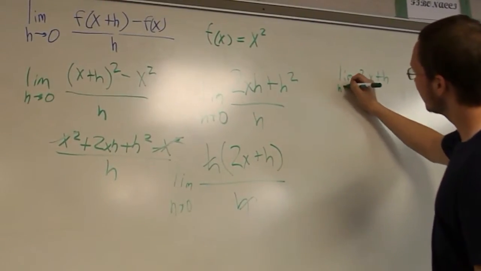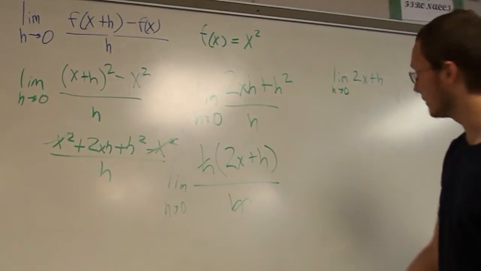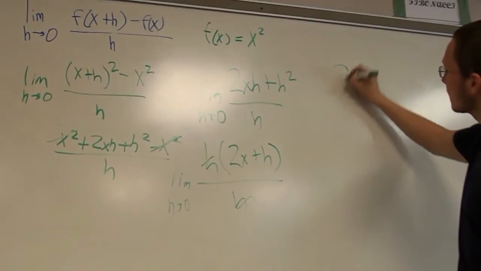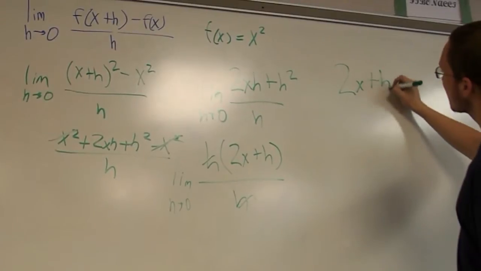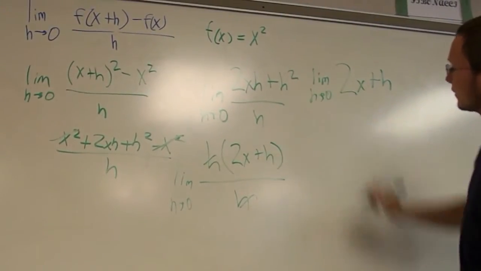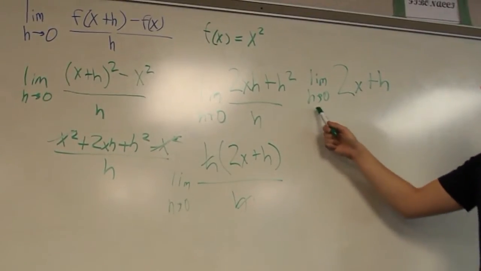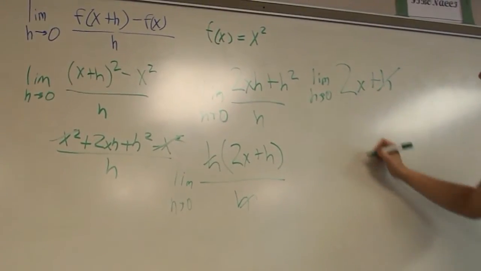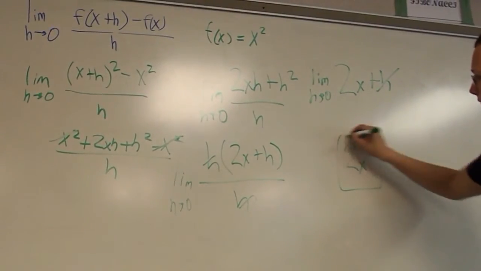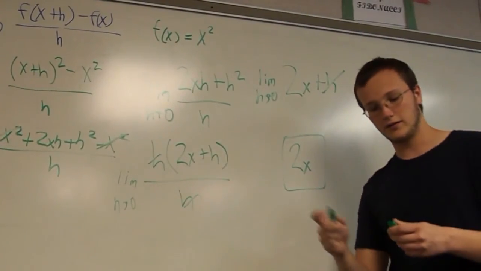And I'm sorry, this is probably too small for you, so let me rewrite this. Limit as h approaches 0. So now, we simply plug in 0 wherever we see an h. So the derivative of x squared is 2x. And that is how you calculate a very basic derivative.